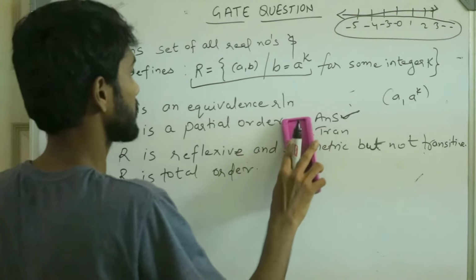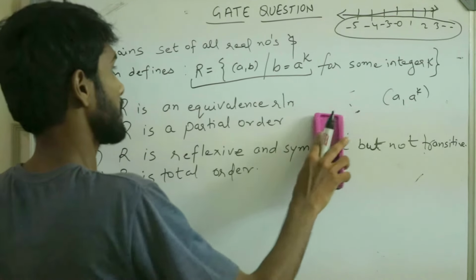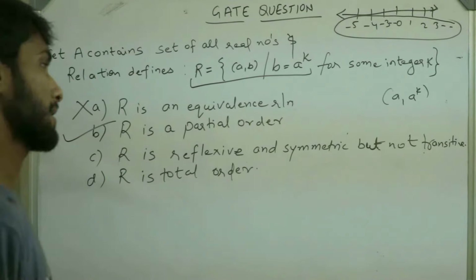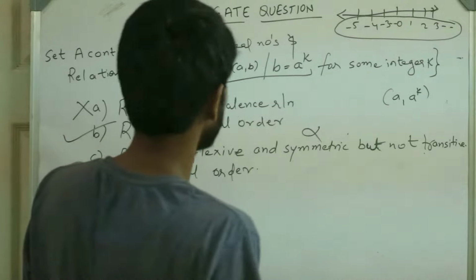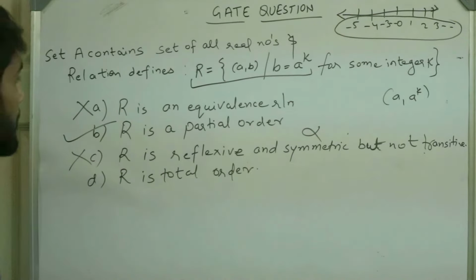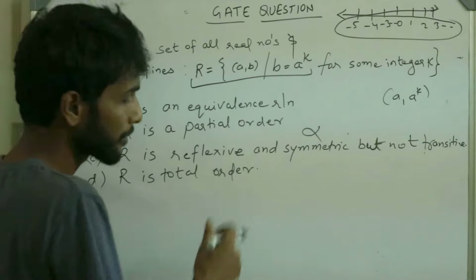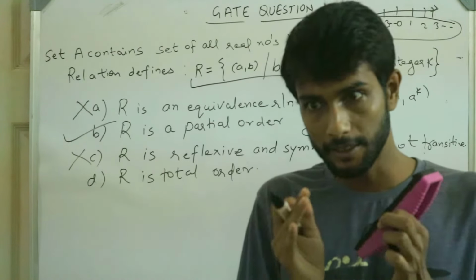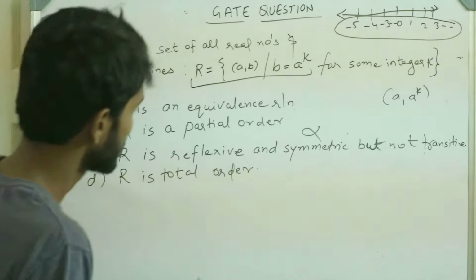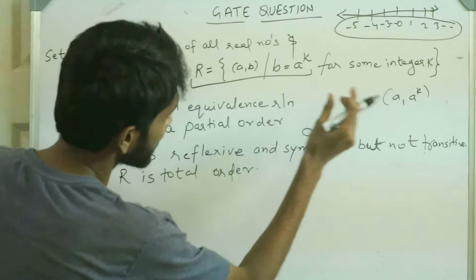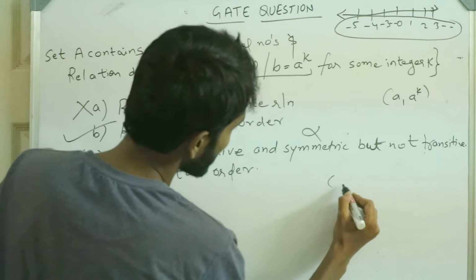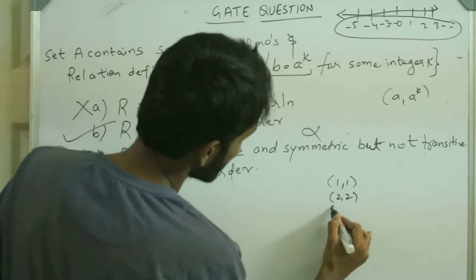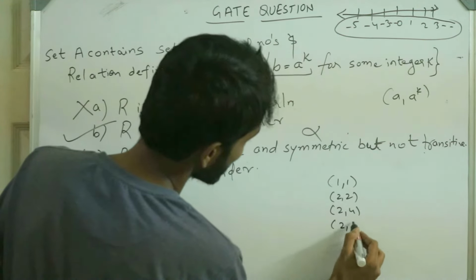Now let's check option C. For option C, we want to say that R is reflexive. Yes. Symmetric? No, false. R is a total order. What does total order mean? Total order means every ordered pair is comparable. From the definition we can write any ordered pairs like (1,1), (2,2), (2,4), (2,8).